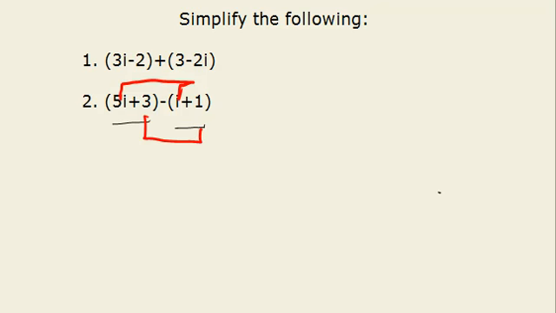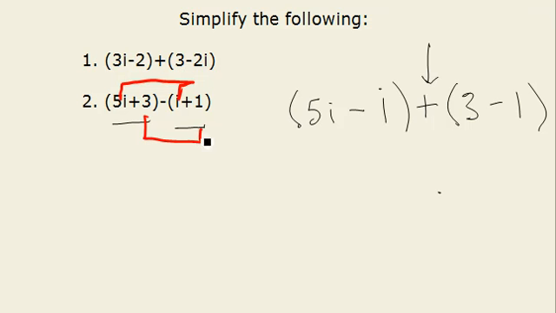So let's rewrite this now by grouping our terms. We're left with 5i minus i plus 3 minus 1.